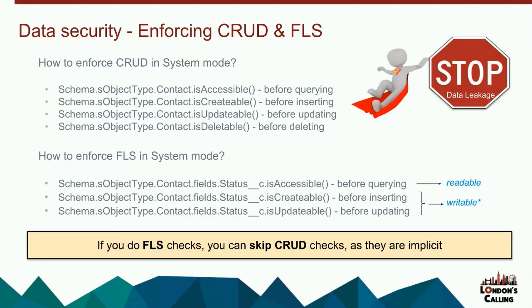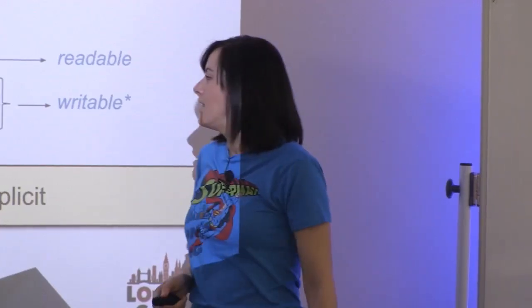Those methods are here. If you want to enforce CRUD in system mode, you have to check if a table or object is accessible before querying, is creatable before inserting, is updatable before updating, and is deletable before deleting.